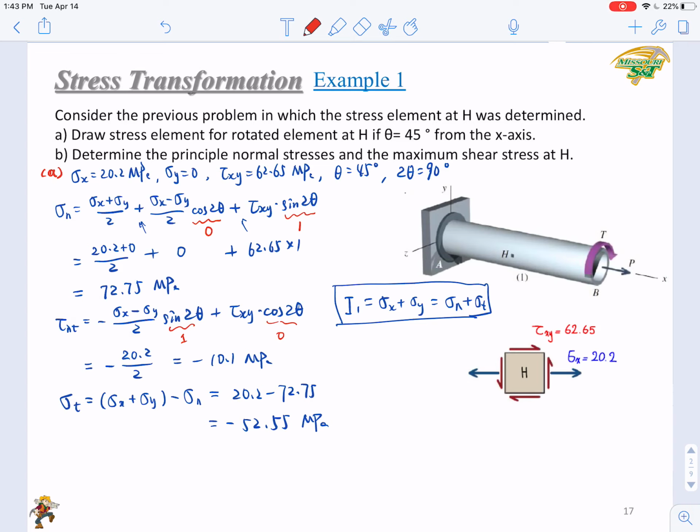After rotation, you get sigma n, tau nt, and sigma t.